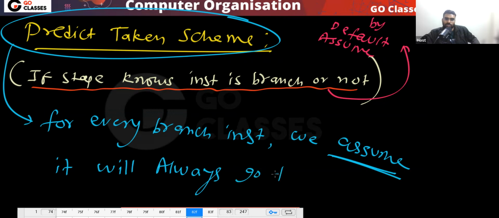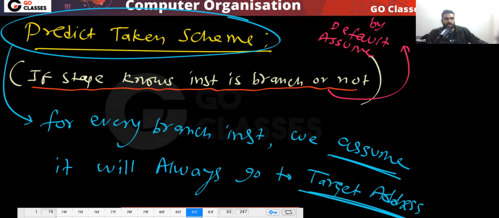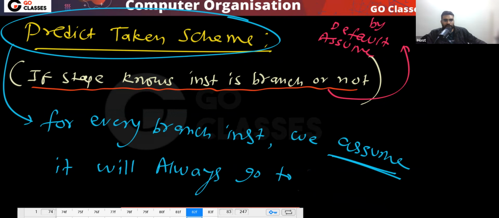Are you getting my point? It will always jump. I can say it will always go to the taken path. Clear? We just assume that it will always jump.